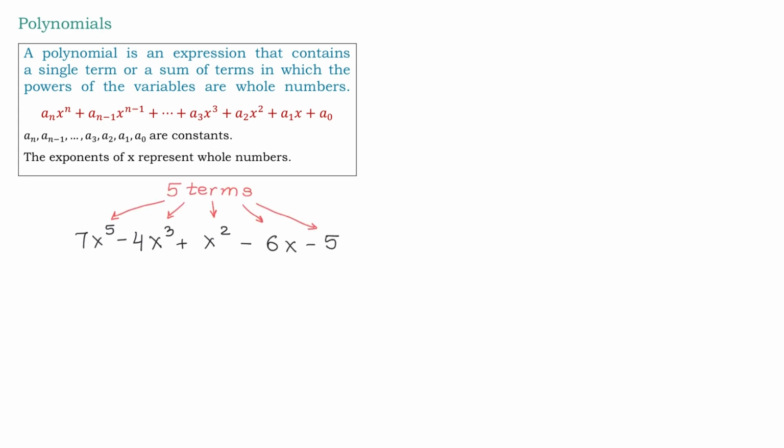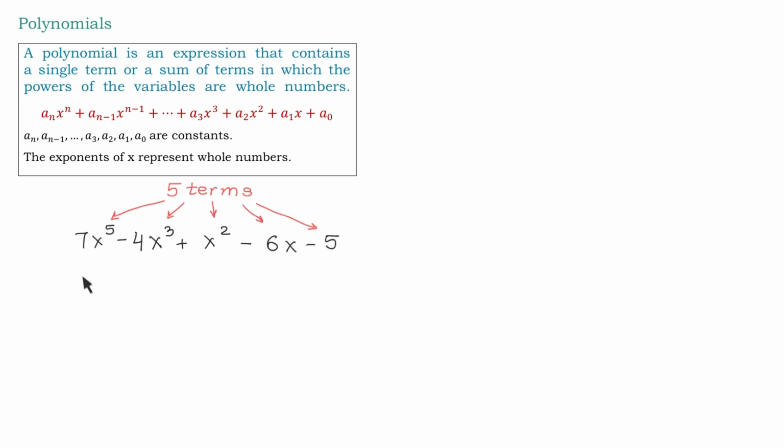The first term is 7x to the 5th power, the second negative 4 times x cubed, the third x squared, the fourth negative 6x, and the fifth negative 5. So when we read a term that has a negative sign in front, include it as part of this term.